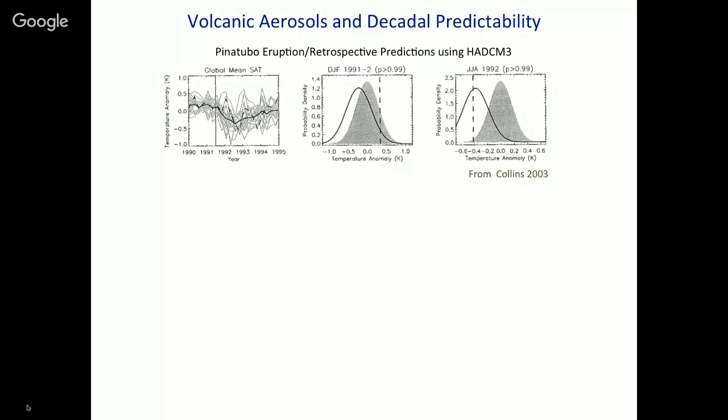So essentially, they're saying we gain some predictability in the winter after the eruption and the summer after the eruption, because you have emitted a lot of sulfates into the stratosphere, and they block the incoming solar radiation and therefore cool the global mean surface air temperature. This can be easily distinguished even in this PDF, and it can give you some predictability on this time scale. So that's almost a decade-old paper.